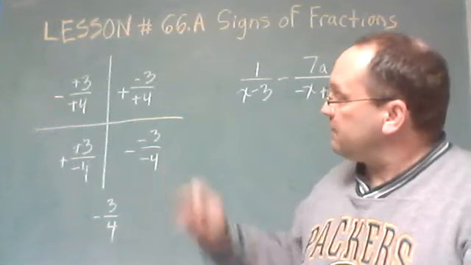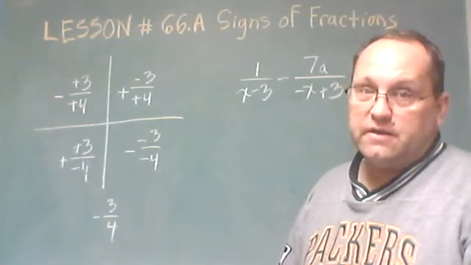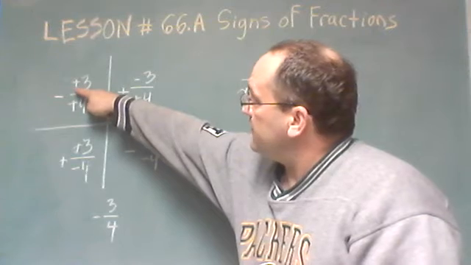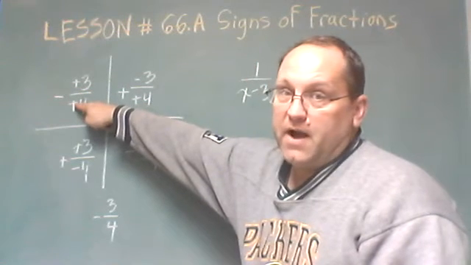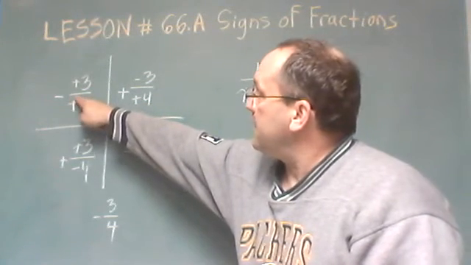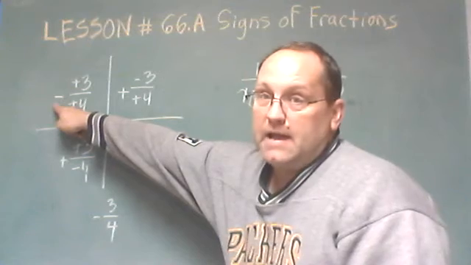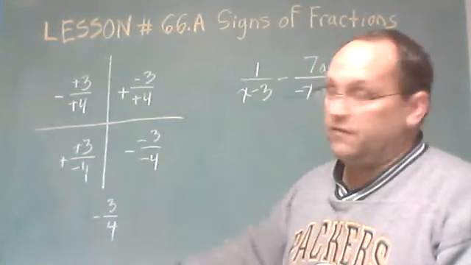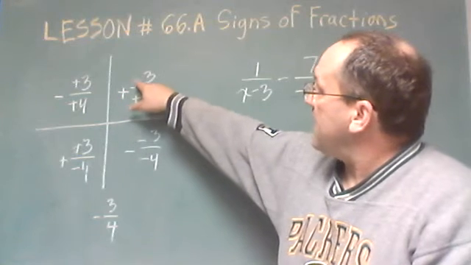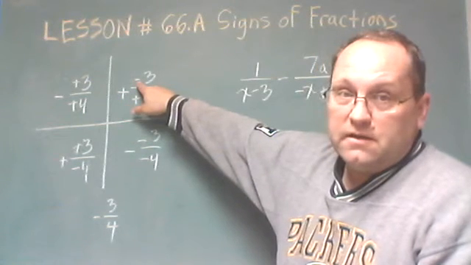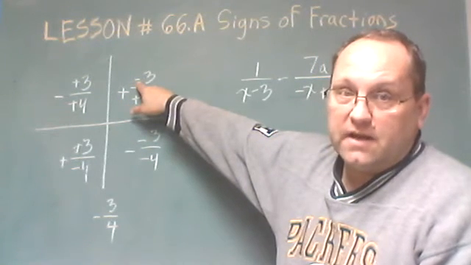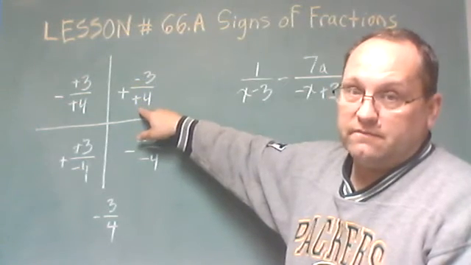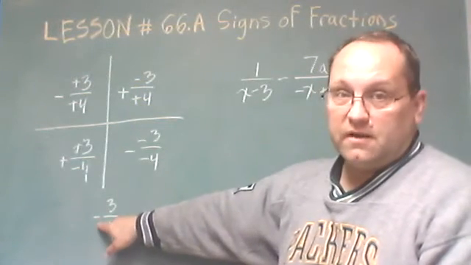If we do our division here first, we divide a positive by a positive, we get a positive. Then a positive times a negative in front of it would equal minus 3/4. If we take a positive times the numerator, a positive times a negative is a negative, then a negative divided by a positive turns out to be a negative 3/4.